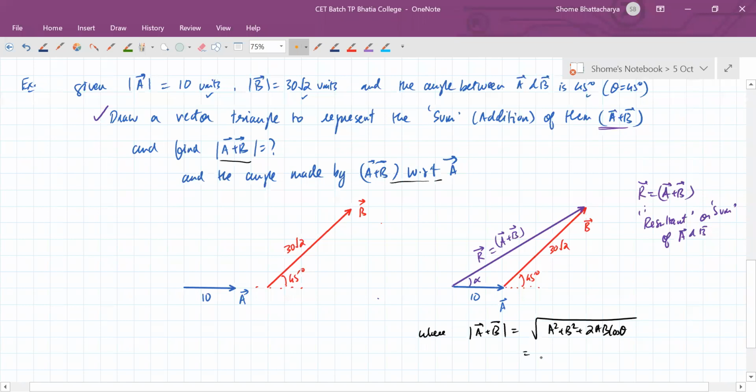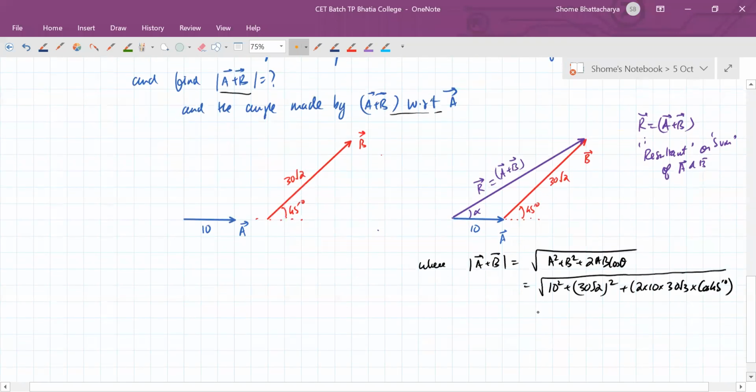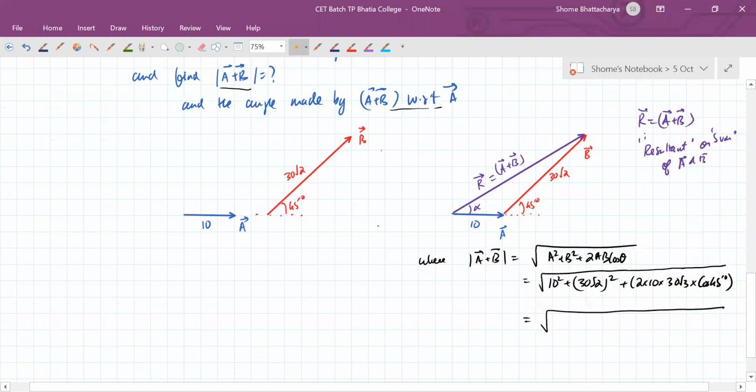So mod of A is 10, mod of B is 30 root 2, and theta is 45. So this formula will have to be expanded now. As you can see, this becomes 100 plus 1800, because that's 900 into 2, plus 2 into 10 into 30 root 2, into cos 45.